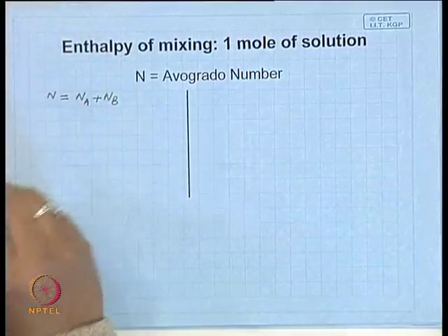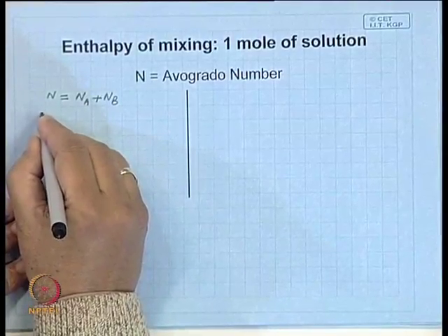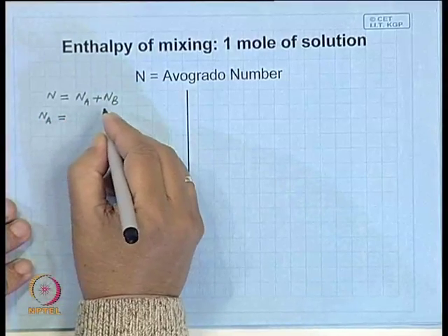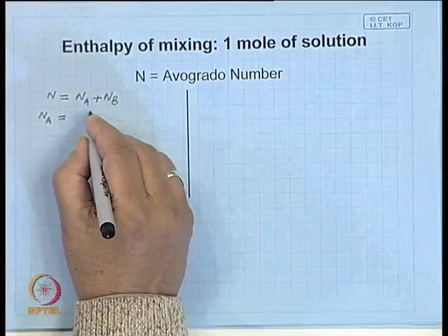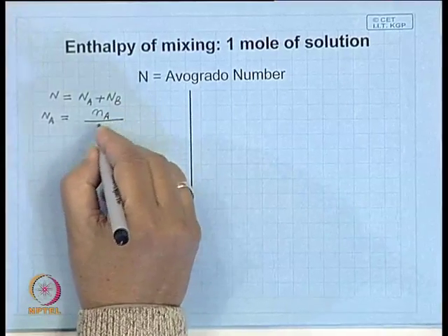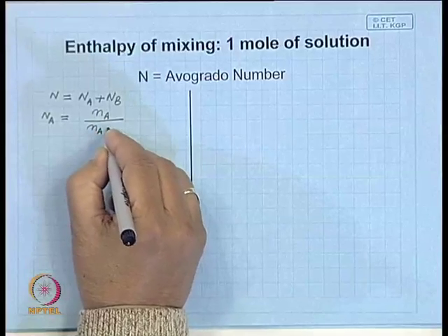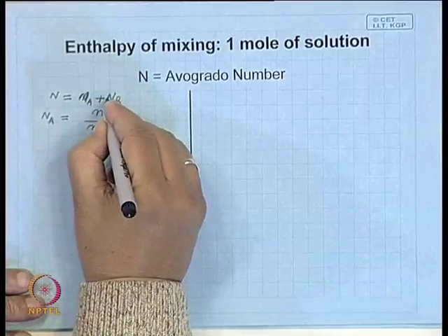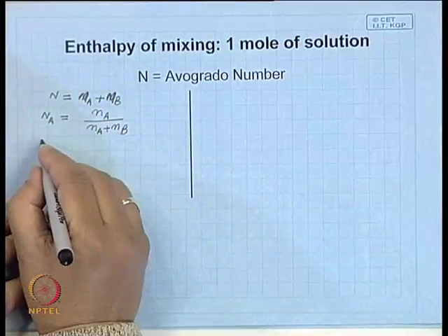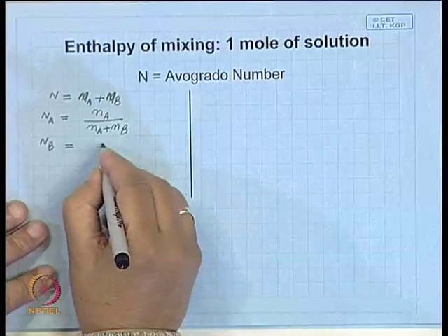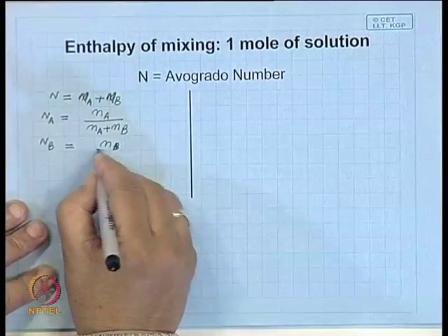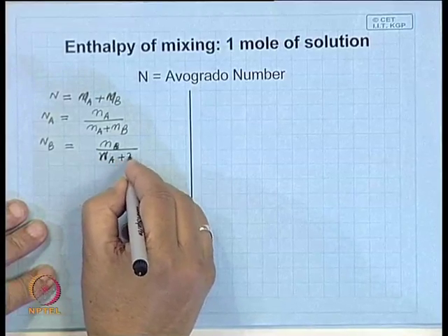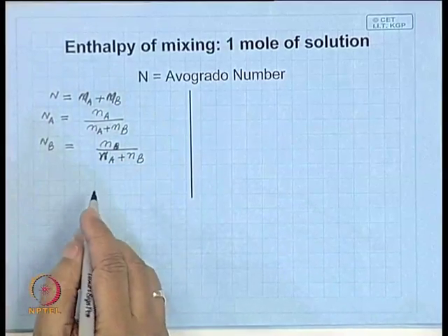Then the atom fraction of A will be Na over the total number of atoms, making this a smaller n. Then the atom fraction of B will be Nb over Na plus Nb.